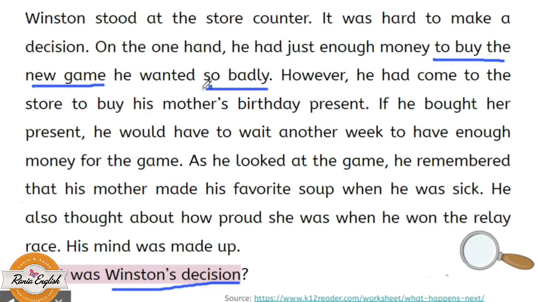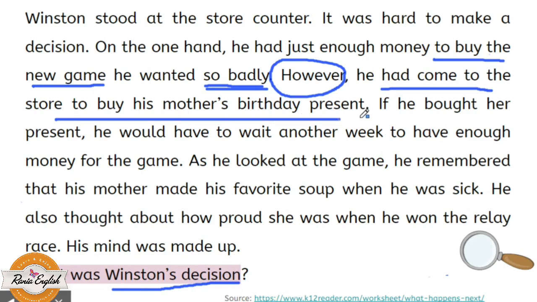However, he had come to the store to buy his mother a birthday present. So it was his mother's birthday. If he bought her present, he would have to wait another week.